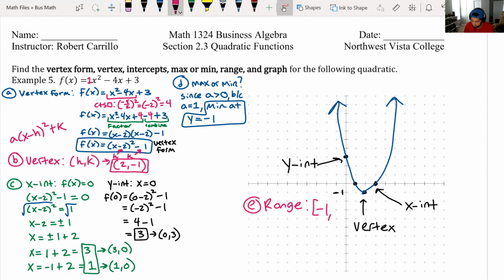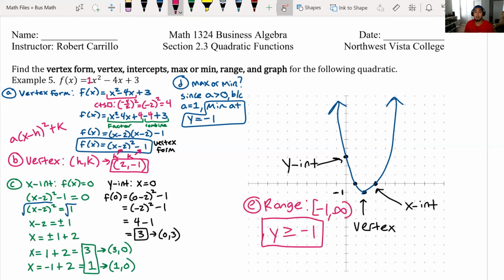So -1 to infinity. All right. So I think the way that my math lab wants to state it is that all your y values will be greater than or equal to -1. So we can state it as y values greater than or equal to -1, because they start at -1 and they go towards infinity. So I think this is what we're looking for.